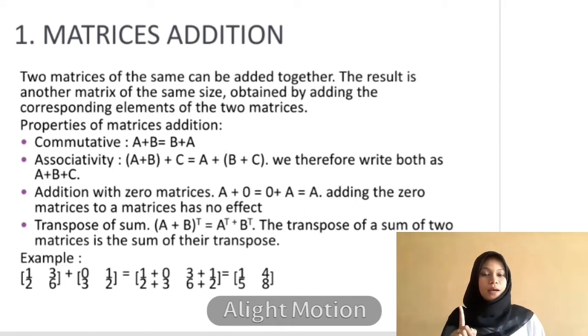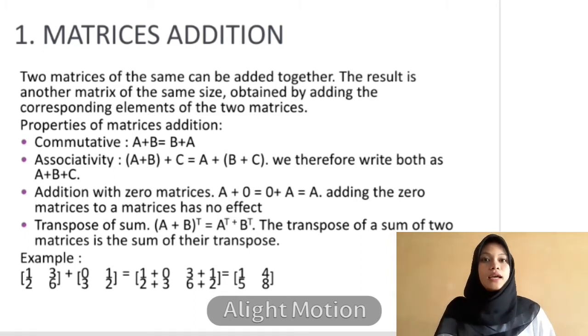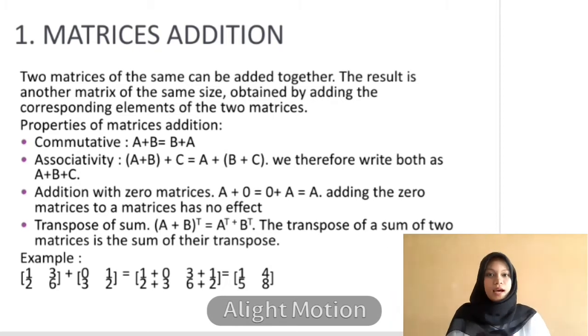Example, A plus zero matrix is equal to zero matrix plus A, which is A. A plus 0 is equal to 0 plus A is equal to A. Adding by zero matrix has no effect.